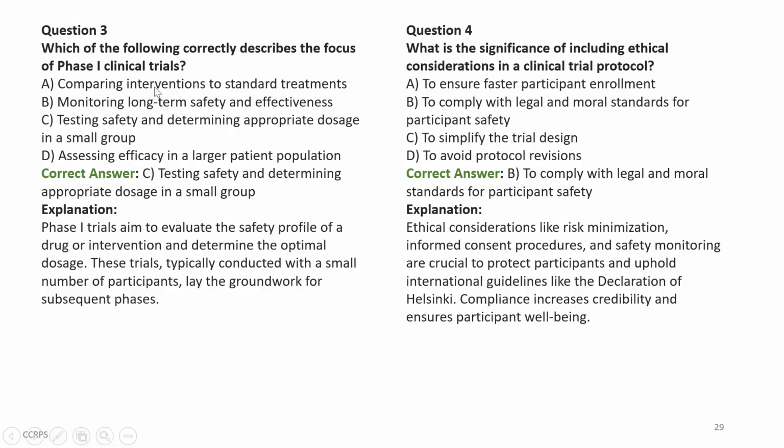As for the other options, A, comparing interventions to standard treatments, would be phase 3. B, monitoring long-term safety and effectiveness, would be phase 4.